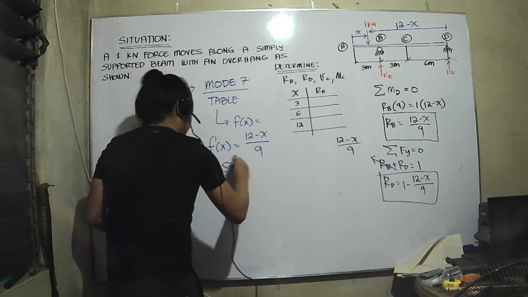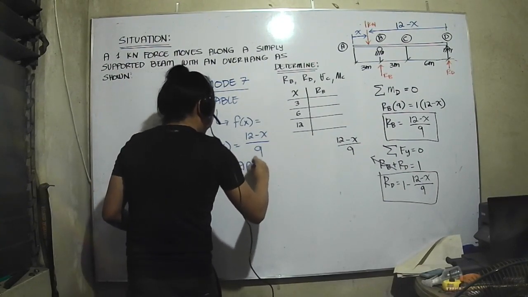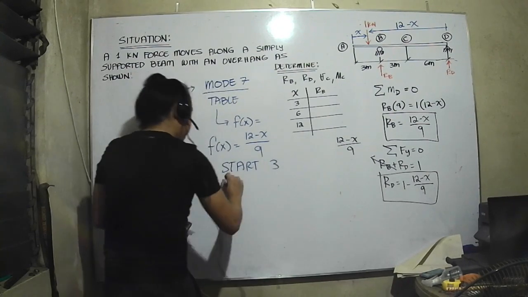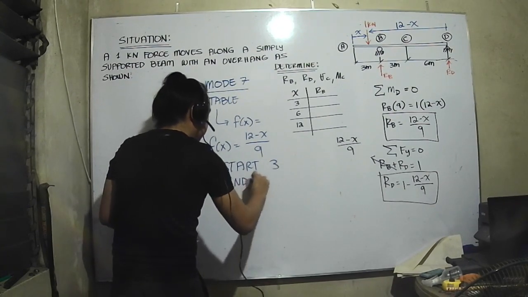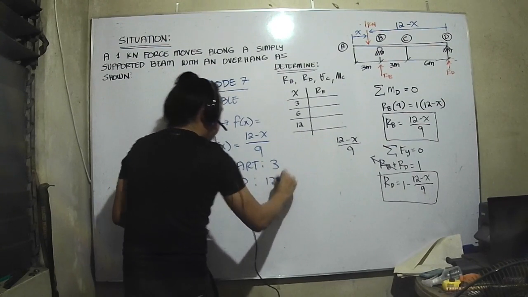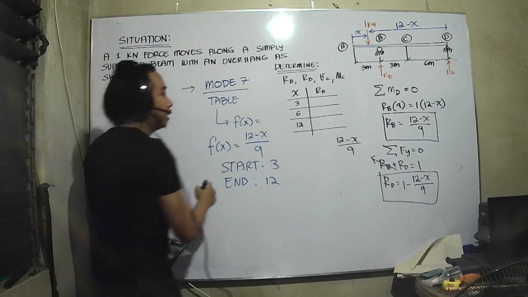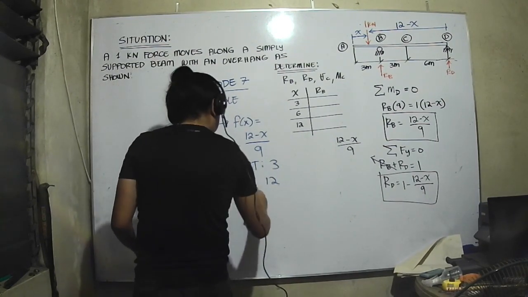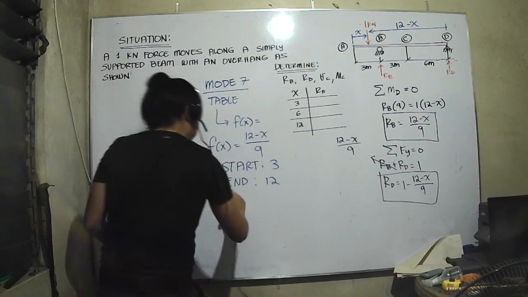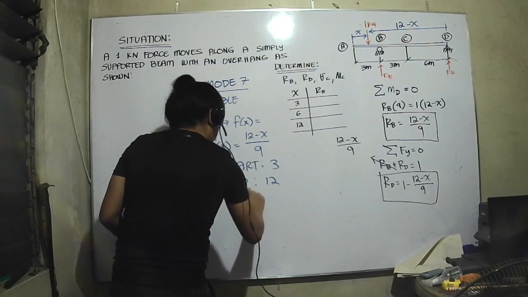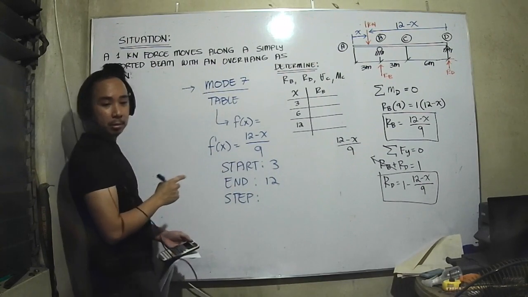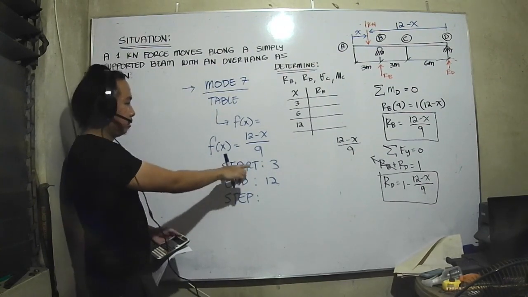The step here, its short form, okay? So, 3, 6, 9, 12.